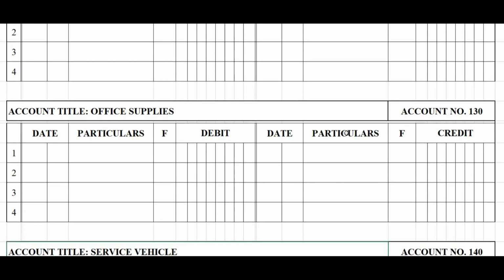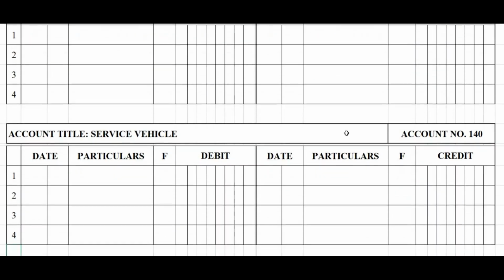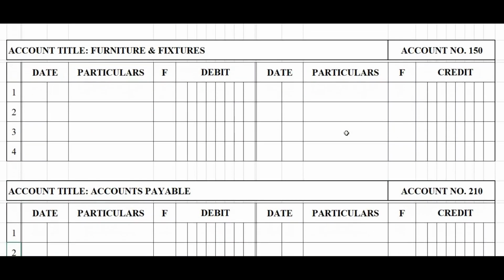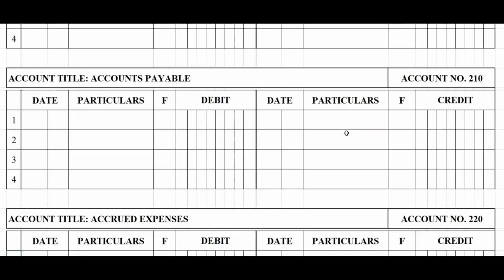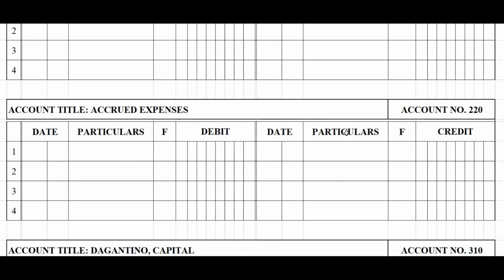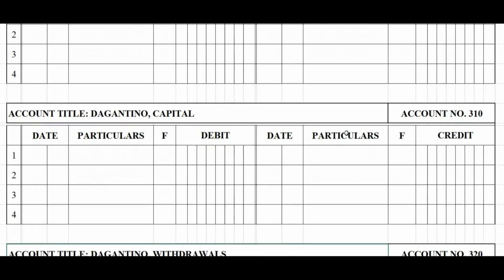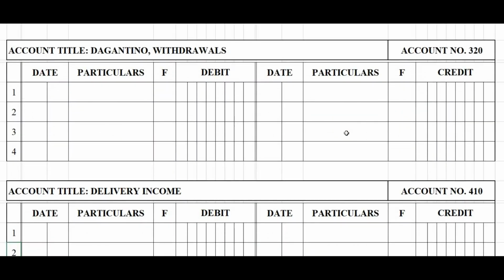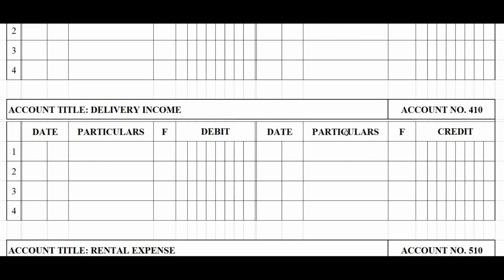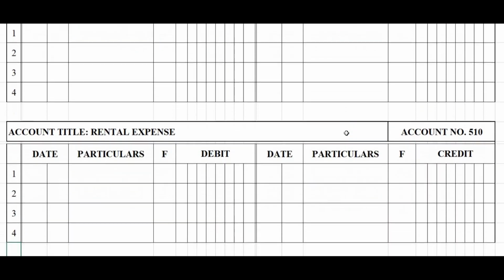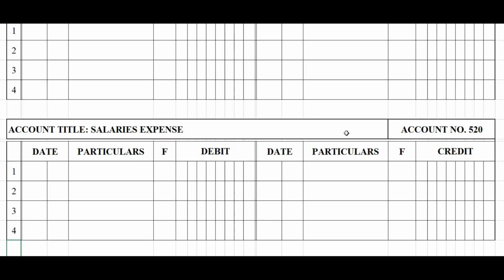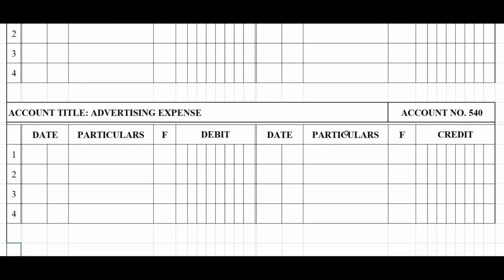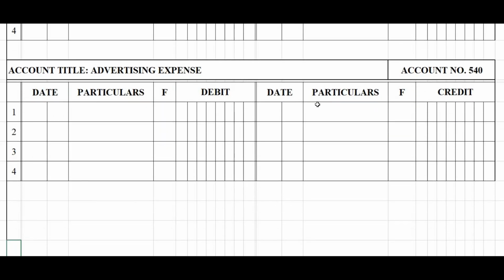Next, we have the office supplies, the service vehicle, furniture and fixtures, accounts payable, accrued expenses, Dagantino capital, Dagantino withdrawals, delivery income, rental expense, salaries expense, utilities expense, and advertising expense.